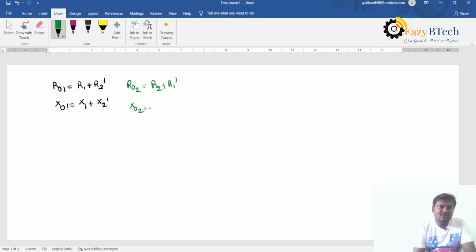The X02 is equal to X2 plus X1 dash. If you know the total resistance referred to primary or secondary, we can find the drop in the transformer windings. Then we can calculate the voltage regulation.